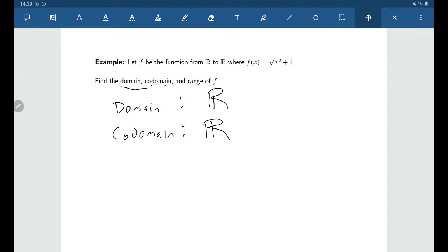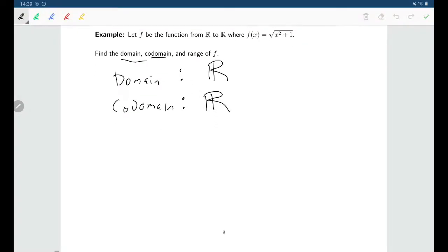Now, the question as to what is the range, this is something where we're going to need to be a little bit clever, and I'm going to just write on the side. One thing that we might notice is that x squared inside of this has the smallest possible value of 0.